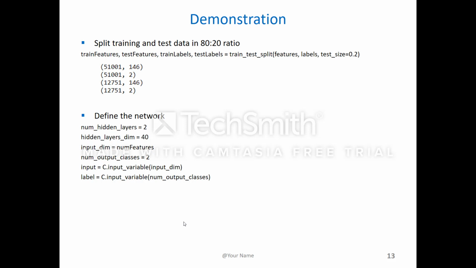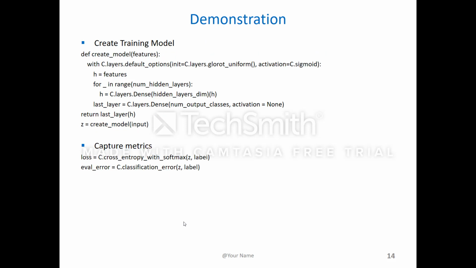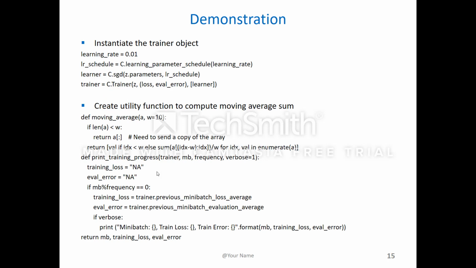And given the size of my data, I ended up with about 51,000 records for training the model and about 12,700 records for testing, which is a decent size. And like I said, I created the training model over here, created a couple of utility functions to capture the metrics, set the learning rate to 0.01.